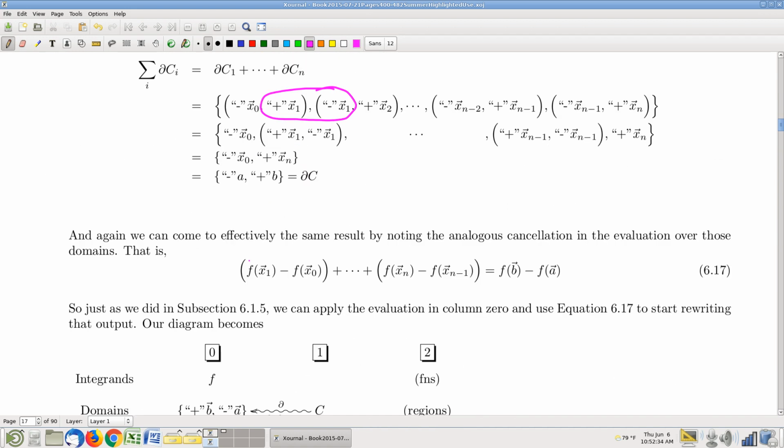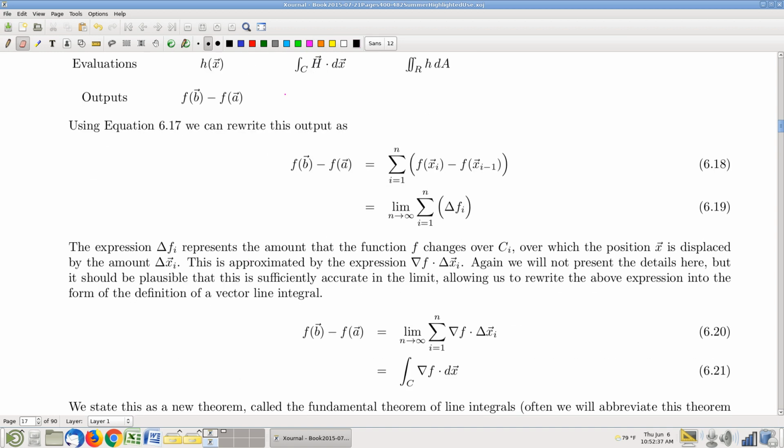Okay. So it's just a little bit of algebra at this point. Here we have our above observation about how f of b minus f of a is a summation. Notice that the summand here I could reasonably call delta f.